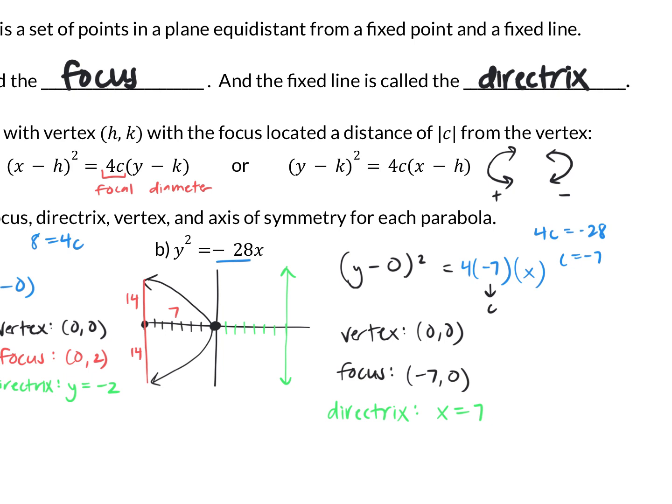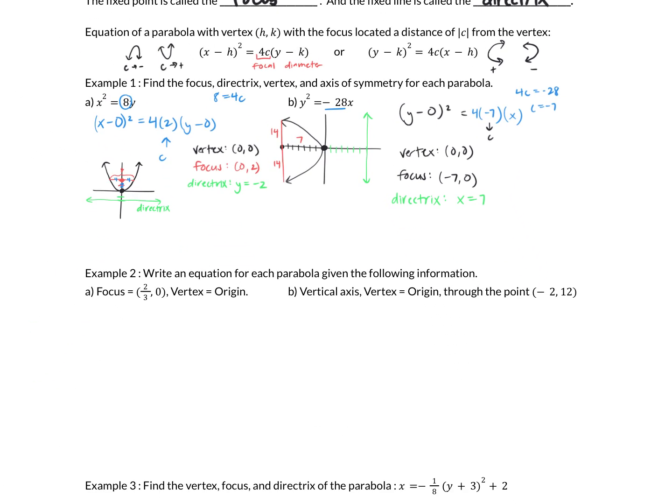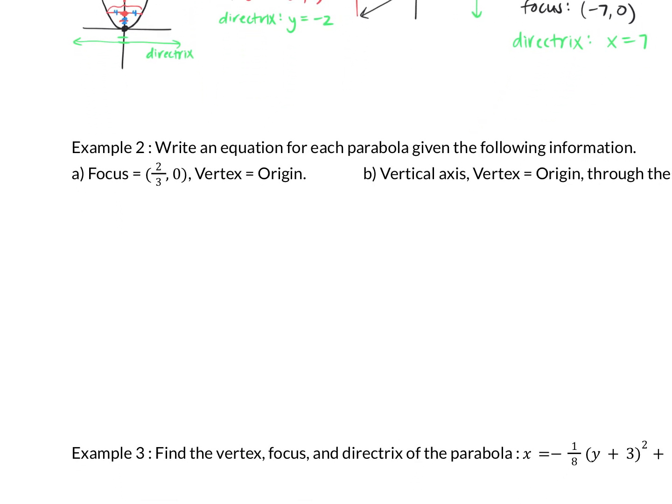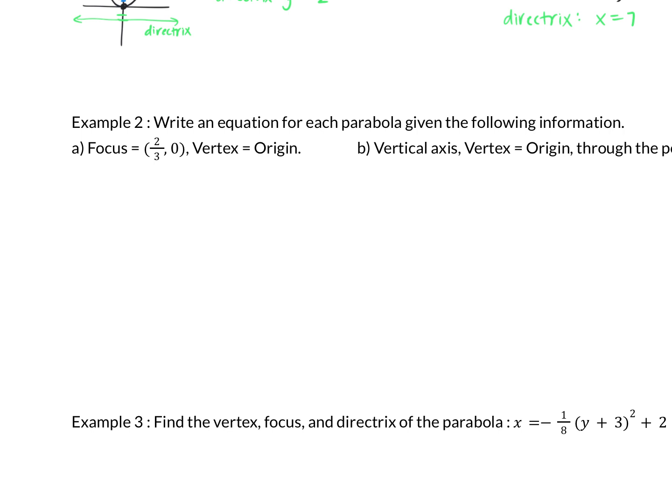All right, last example, because we are actually skipping example 3. And we're going to look at 2. Write an equation for each parabola given the following information. I'm going to change this up a little bit because the ones on Delta Math aren't always as nice as giving you the vertex on the origin. It's not terribly tricky, but you do have to draw yourself a picture.